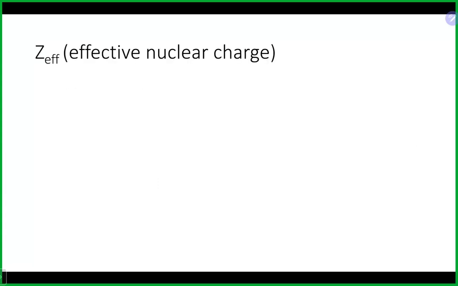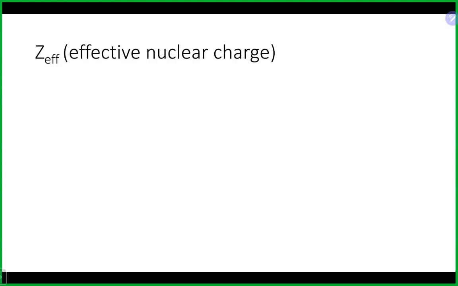The first one is effective nuclear charge. Effective nuclear charge is the positive attraction that, say, valence electrons experience. Now, remember that opposites attract each other. So the electrons, which are negatively charged, are attracted to the nucleus, which is positively charged.